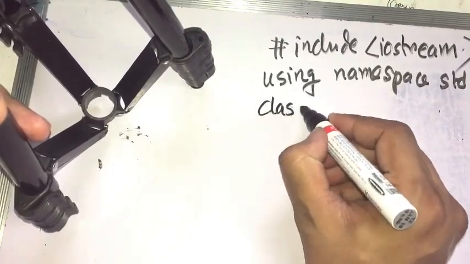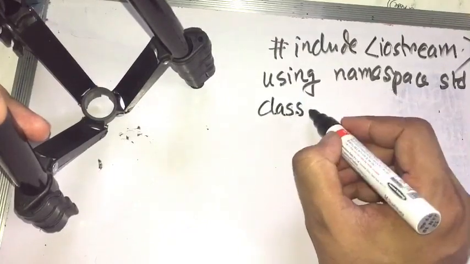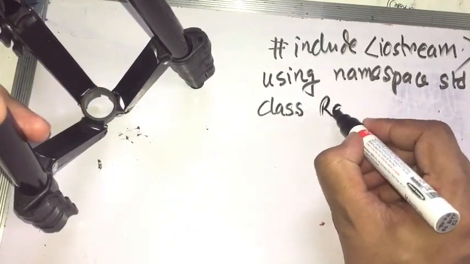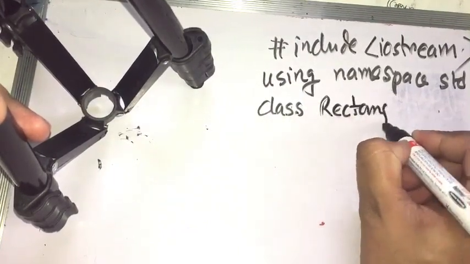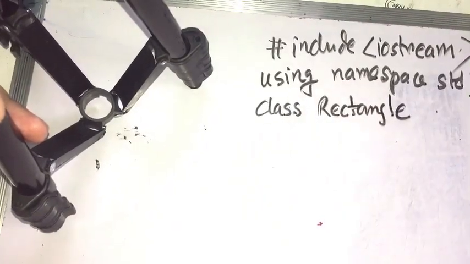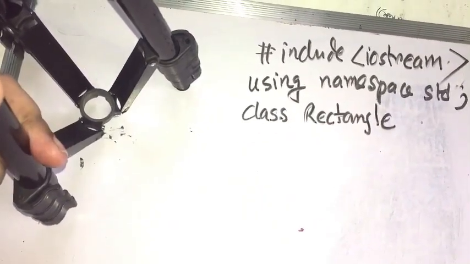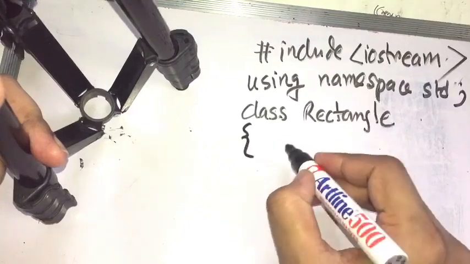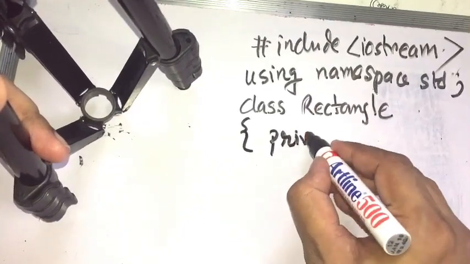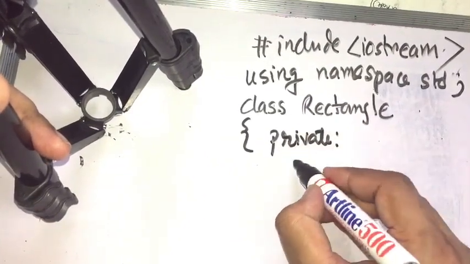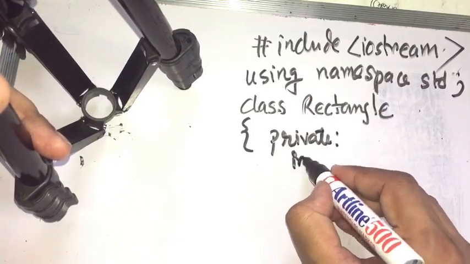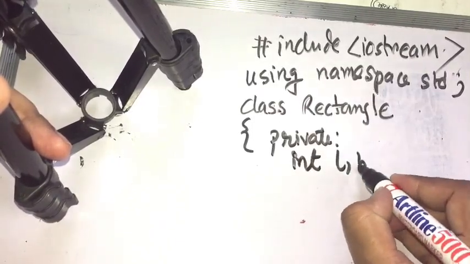Then the class. Suppose the name of the class is rectangle, and the private members of the class consist of integer length and breadth.